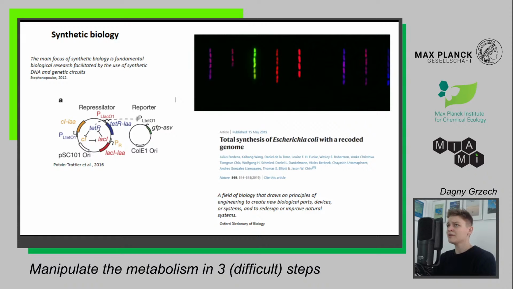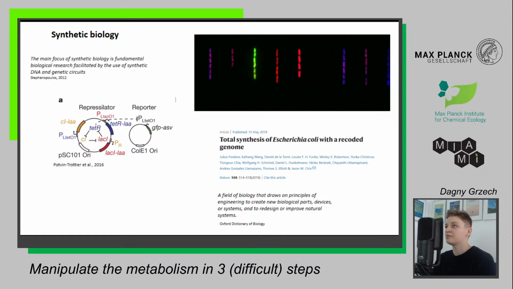So basically, there is a huge debate about the definition of what synthetic biology actually is. But for me, synthetic biology is this platform that we can use to improve living organisms or design living organisms de novo with properties that we would like them to have.